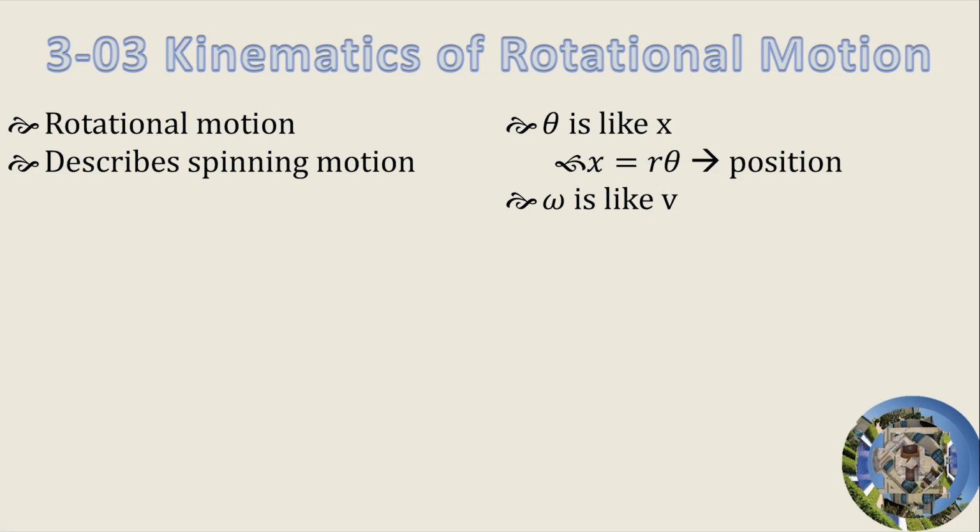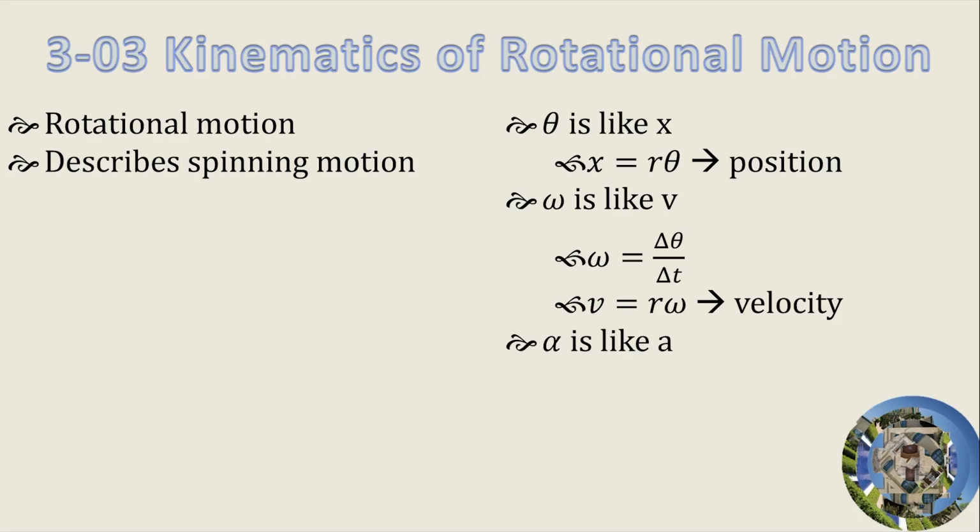Angular velocity is like linear velocity. Angular velocity is our change in angle over time, and linear velocity is the radius times the angular velocity. Alpha, which is angular acceleration, is like your regular acceleration.